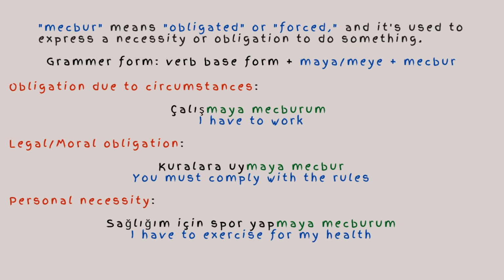Again, you're going to use it for 3 types. An obligation due to circumstances, or a legal or moral obligation, like this one. Kurallara uymaya mecbur. You must comply with the rules.